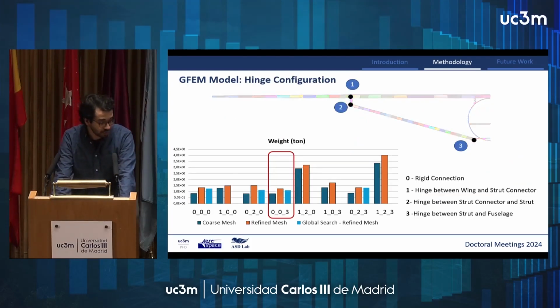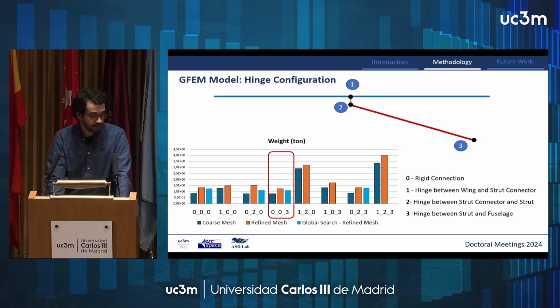This is also one of the works that we performed. So we considered strut-braced wings, but we also wanted to see the effects of considering hinges in 3 different positions: the first one between the wing and the connection between the wing and the strut, the second one between the connector and the strut, and the third one between the strut and the fuselage.